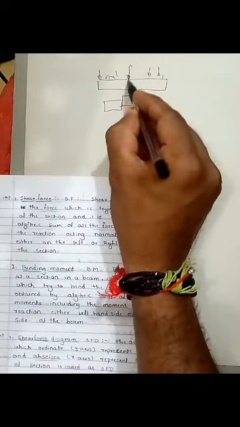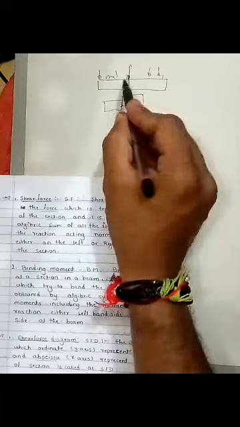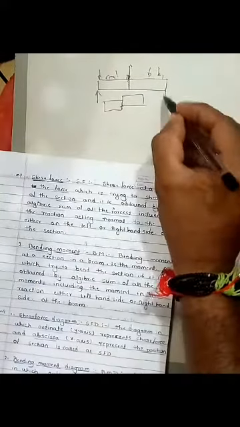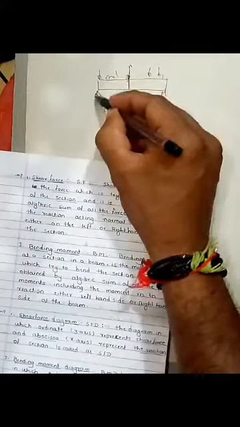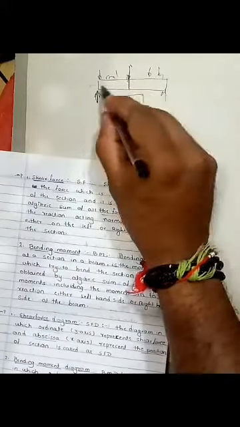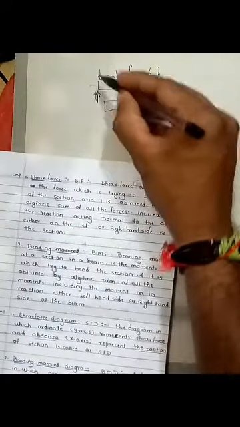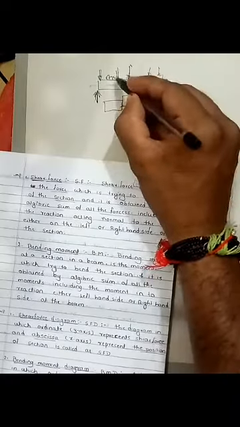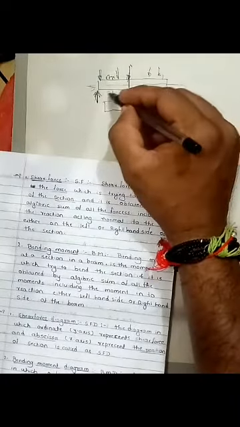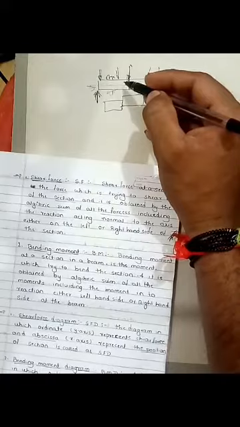The shear force at this point is obtained by the algebraic sum of all the forces including the reactions, even if these are the reactions at the two supports, acting normal to the axis. If this is the axis of the beam, all these are acting normal, straight, not like this or like this.